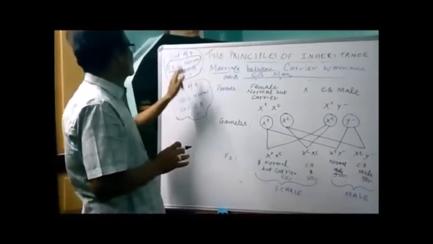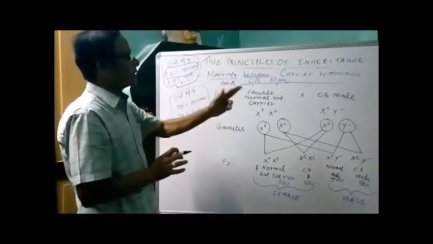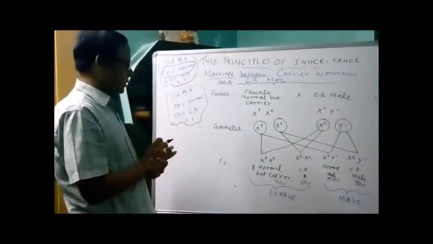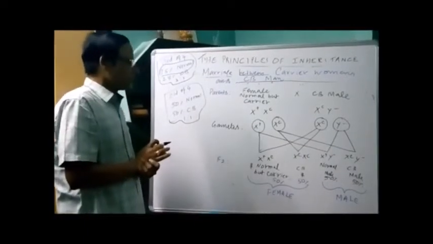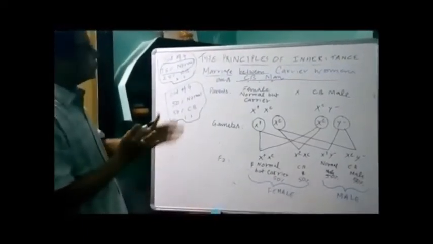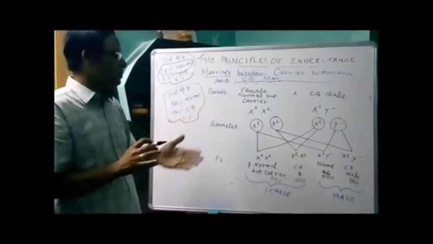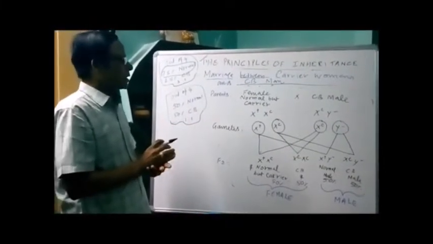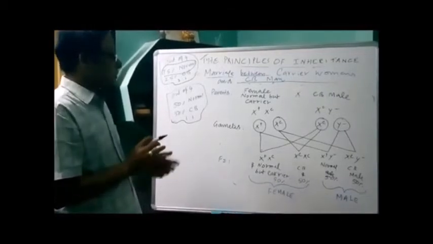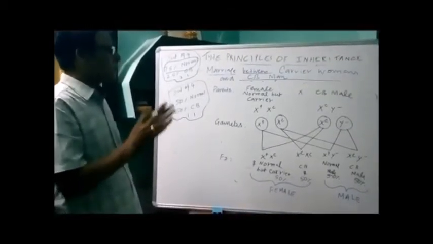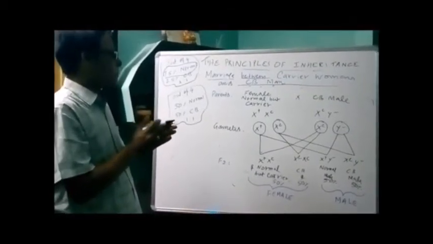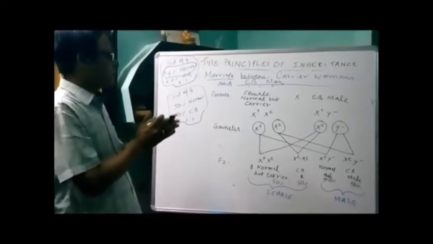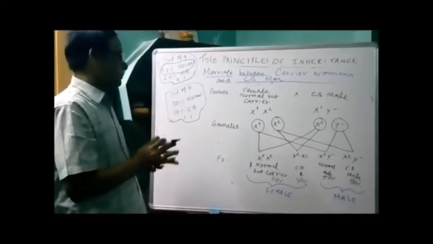In the first one, the female is a carrier and the male is normal. This shows how far the character is inherited by the children. Based on this, I would like to summarize it in the form of a table of columns, showing how far the characters are transmitted.